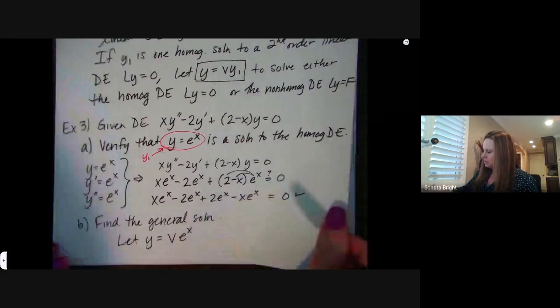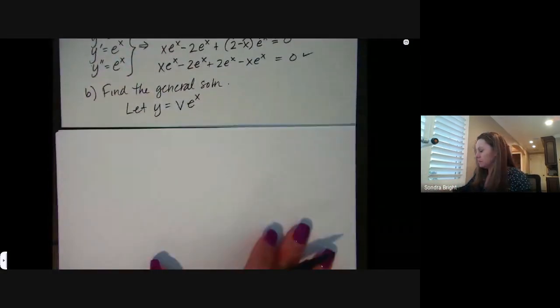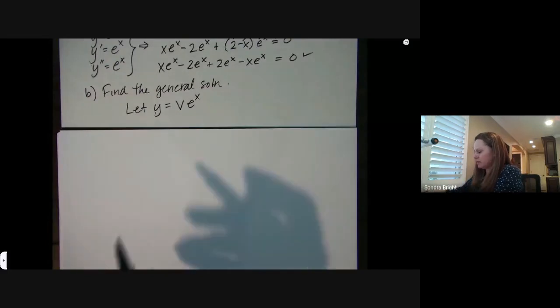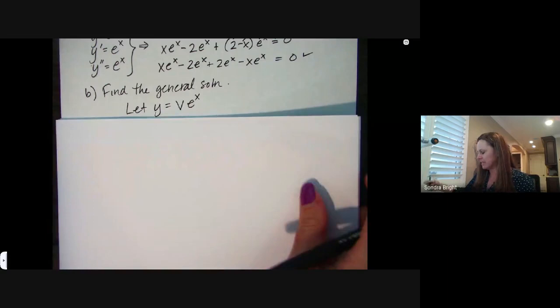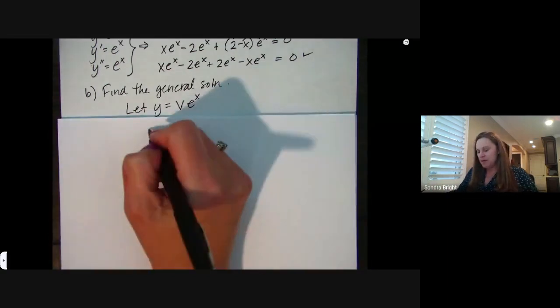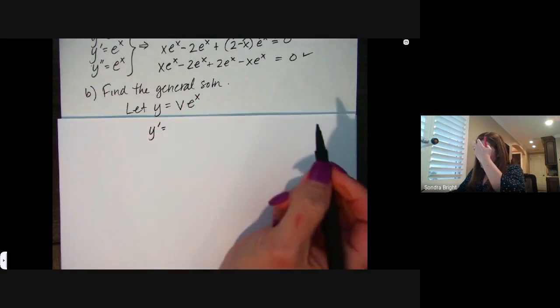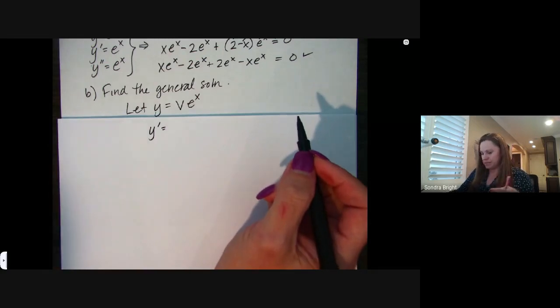Okay, so then what you're going to do is, if you've got y, we need y prime and y double prime in order to plug these guys in. So first derivative would be, keep in mind, v is some function of x, right?